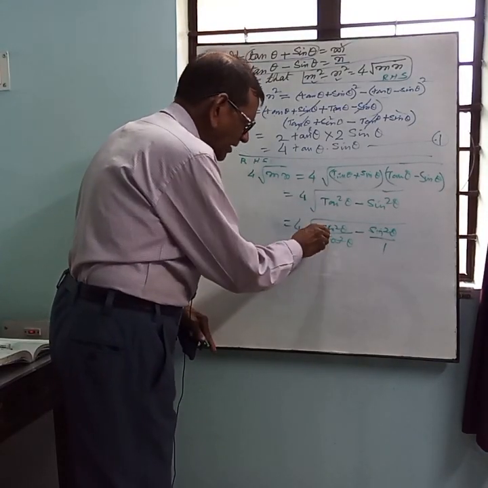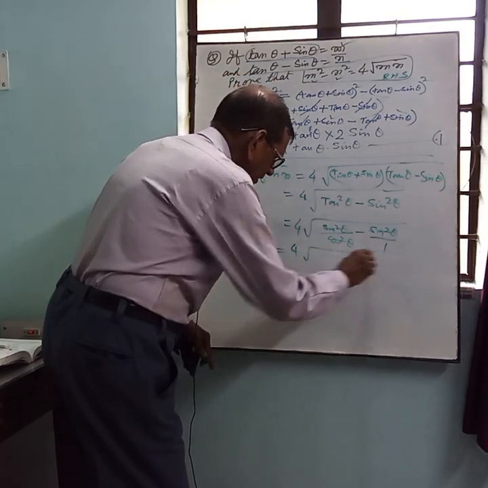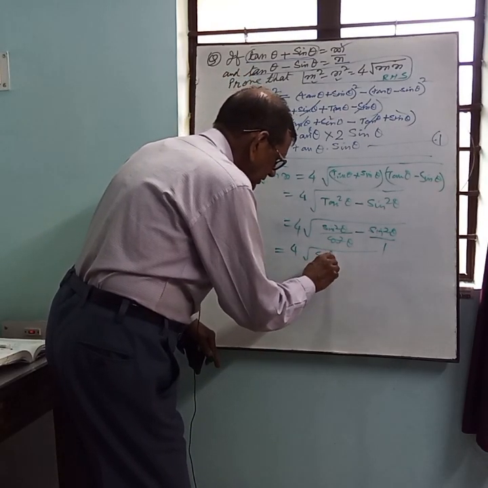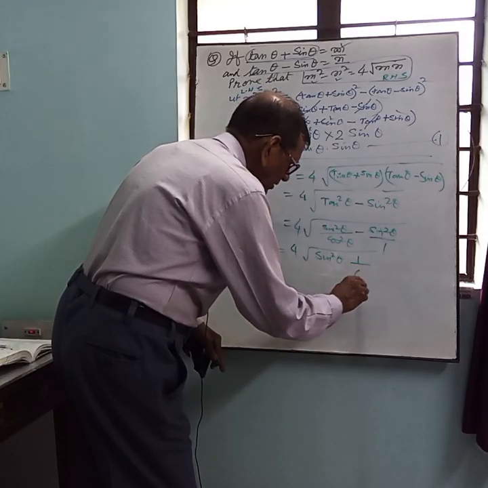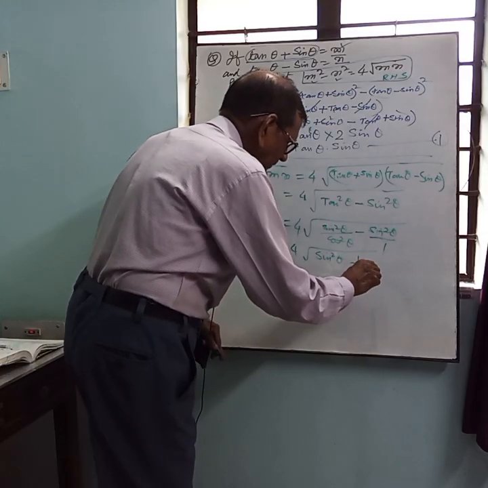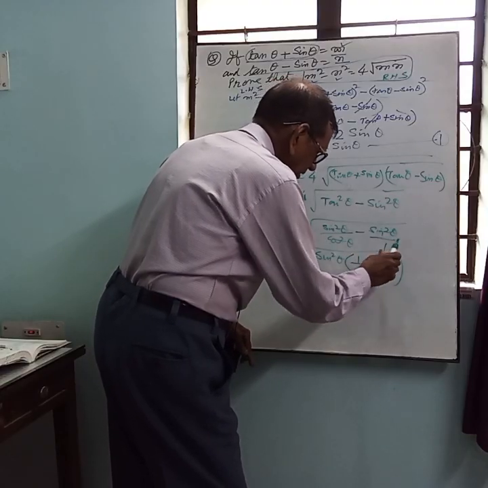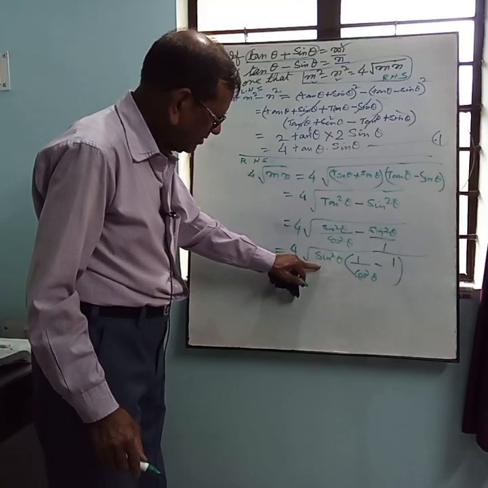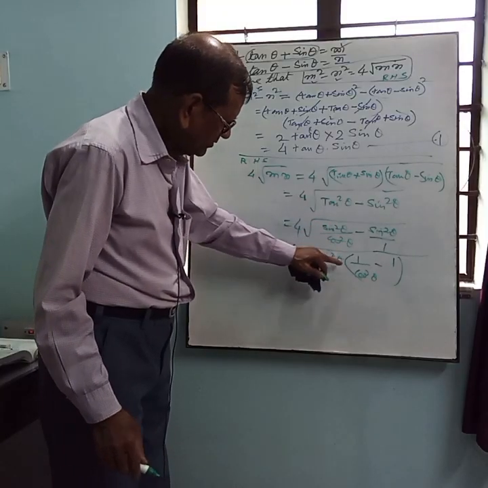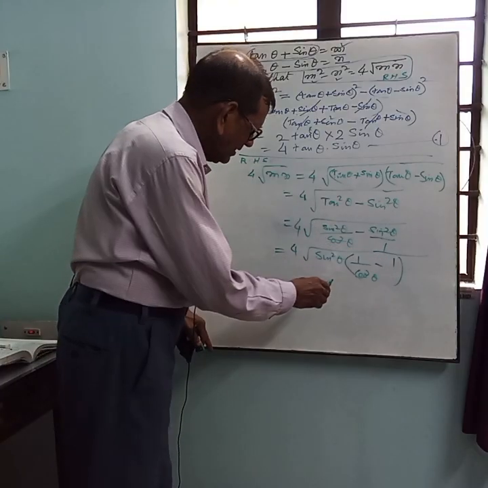So it will come 4 under root sin square theta 1 by cos square theta minus 1. Sin square theta has been taken common. Then this becomes 1 by cos square theta minus 1.